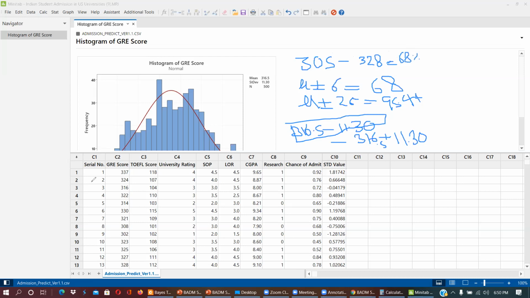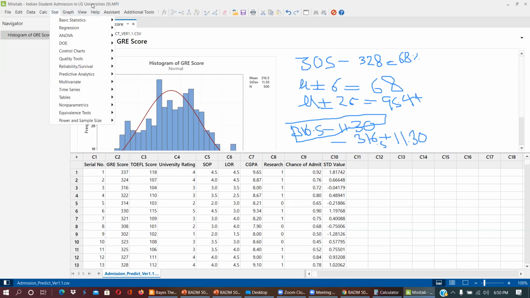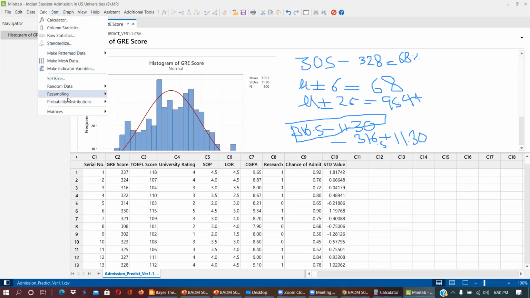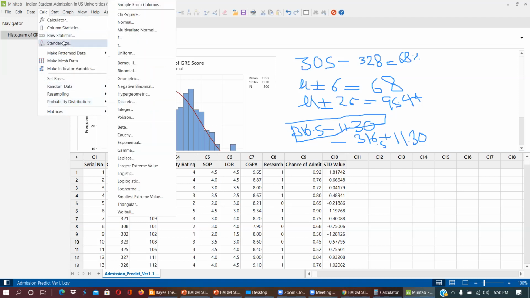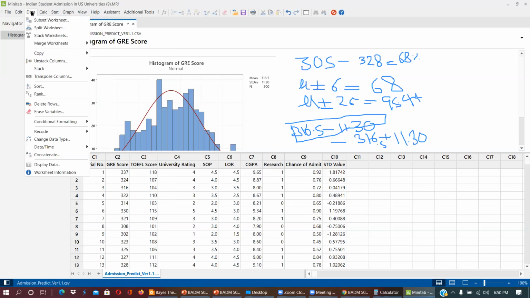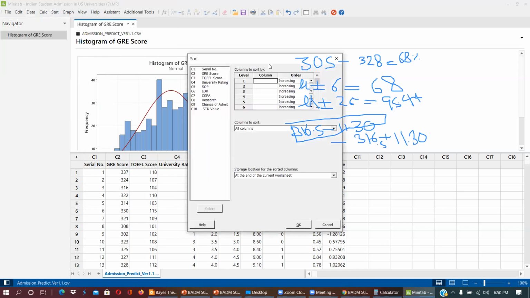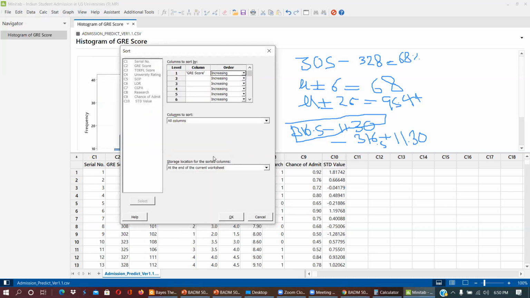Okay, let me see. I'm just going to do it manually. I need to sort these numbers. Under Data, I have the sort option. I go for GRE score, and I would like it in increasing order.